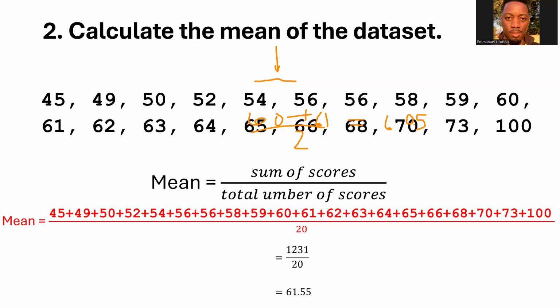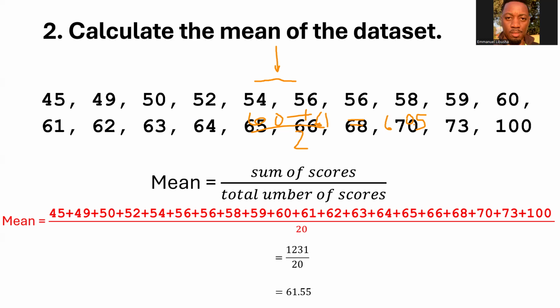Now we're going to look at the numbers on the right and the numbers on the left. If I look at these 10 numbers here, you can see that I've got 54 and 56. And on this side, I'm going to have 65 and 66 as my middle numbers. So it's 1, 2, 3, 4, and same thing, 1, 2, 3, 4.